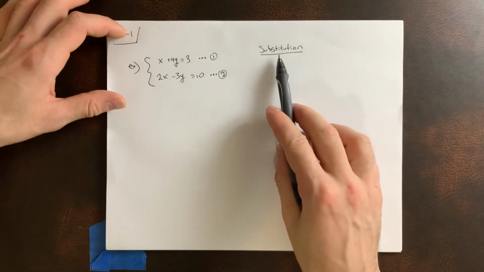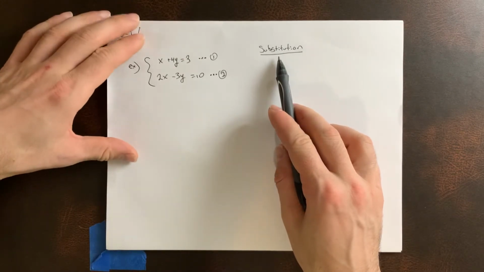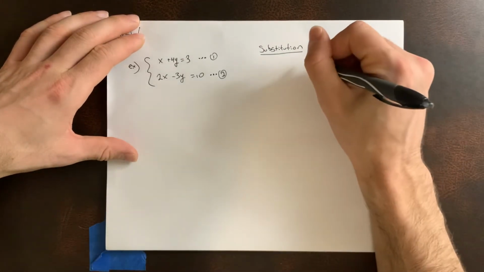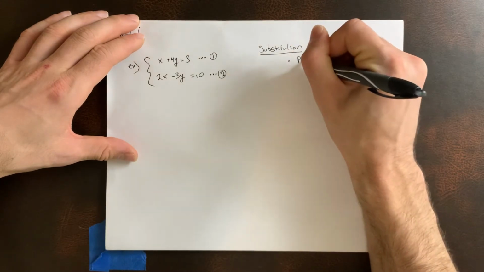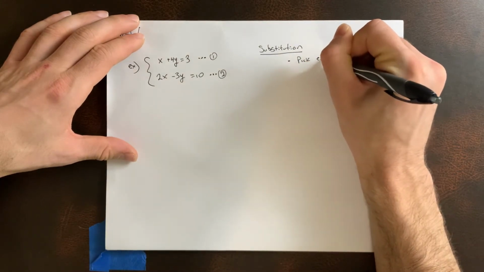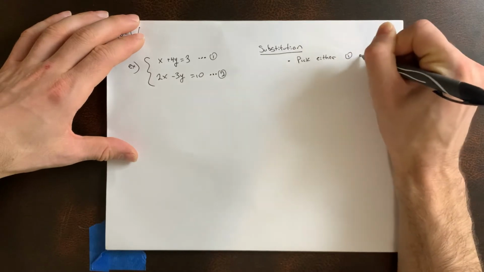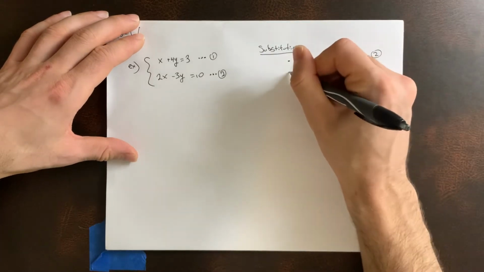So substitution, sort of the main steps is pick either 1 or 2. And then pick a variable to solve for.